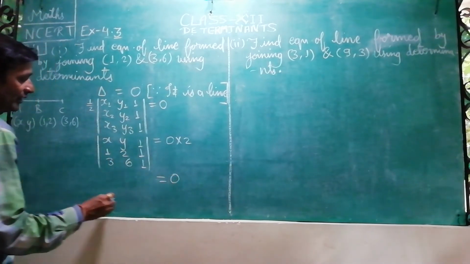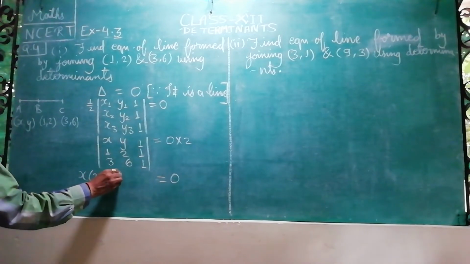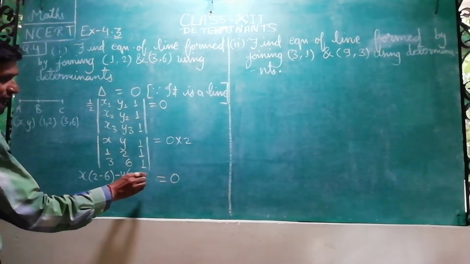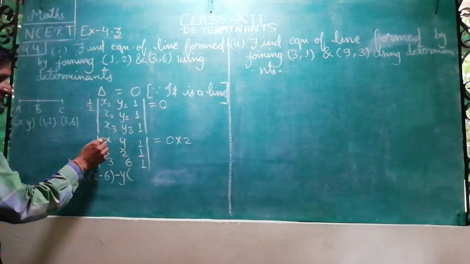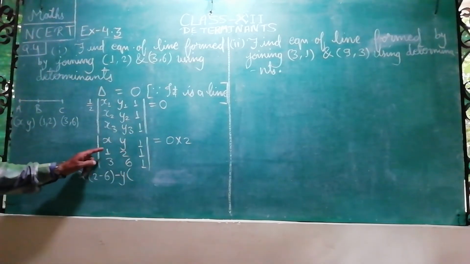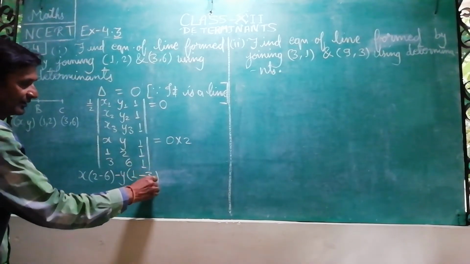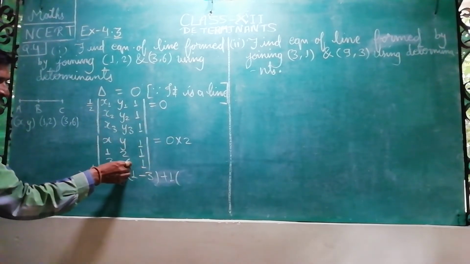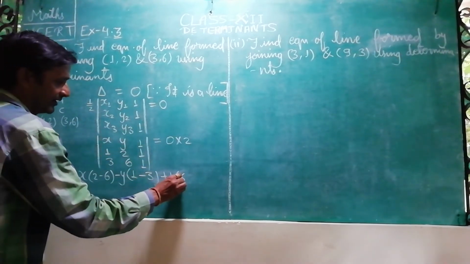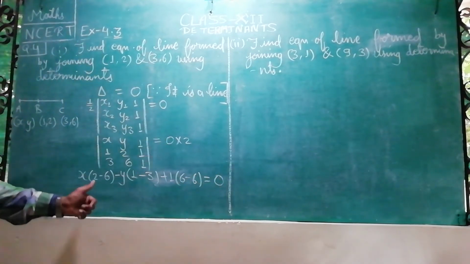Now expanding: x into (2 minus 6), minus y into (1 minus 3), where this row and this column are eliminated, plus 1 into (6 minus 6), which is 0 because 0 into 2 is 0.